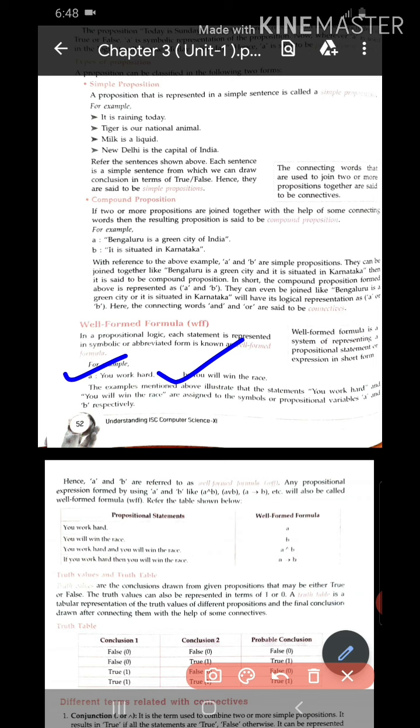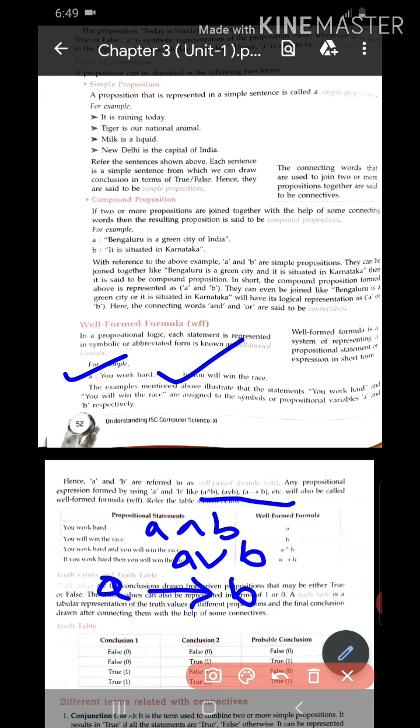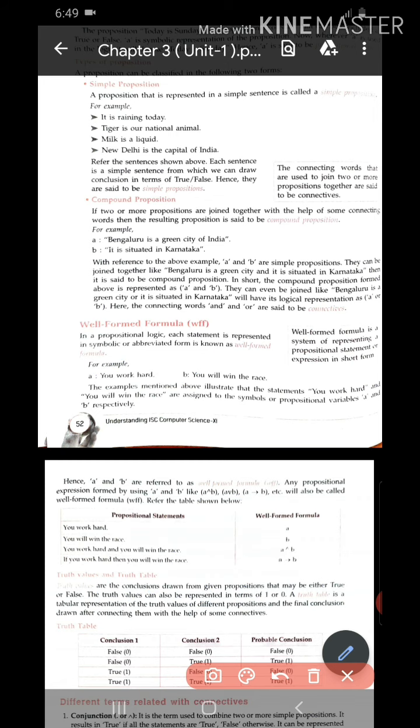Here they have created some formulas: A and B, A or B, A implies B. These are formulas known as well-formed formulas. If we indicate these sentences with the help of some symbols, then that is a well-formed formula.